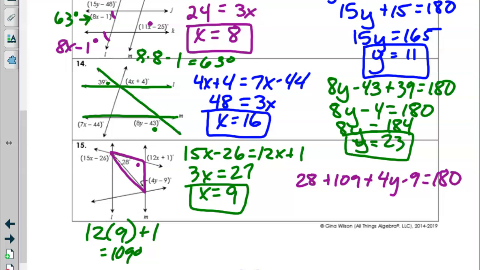So now I have 28 plus 109 minus 9. What would I get there? 128. Very good.